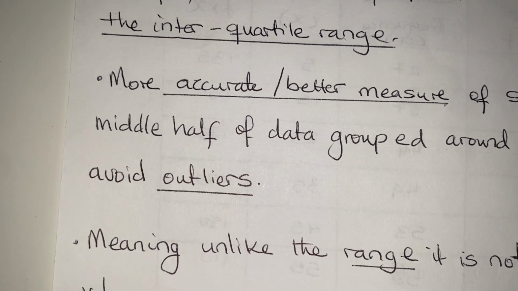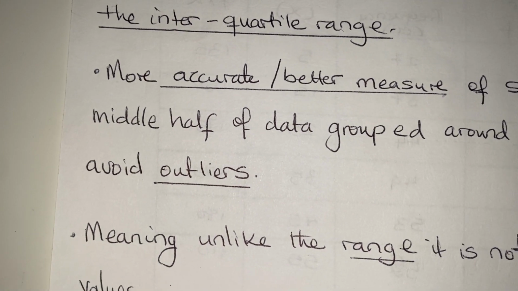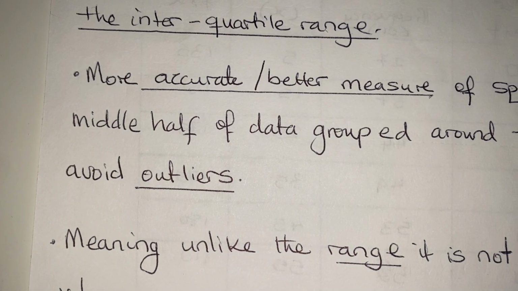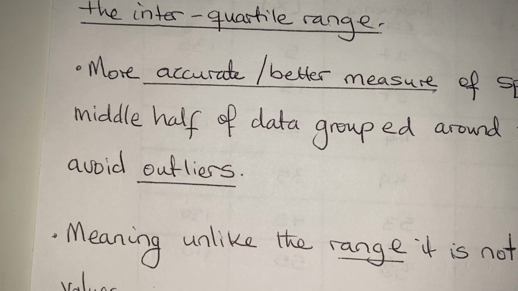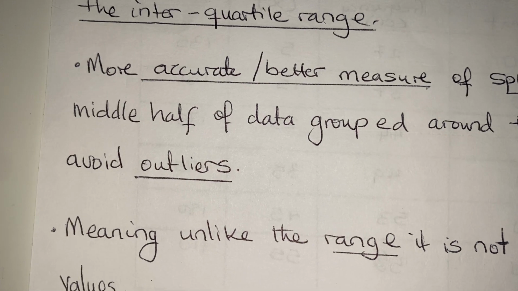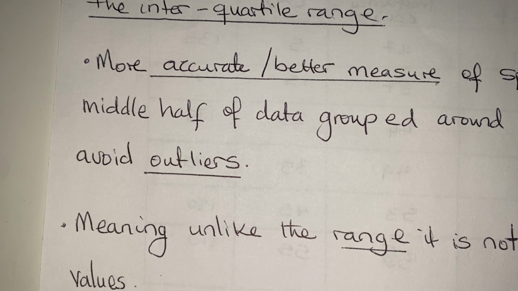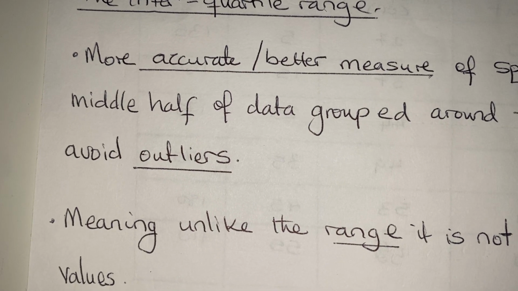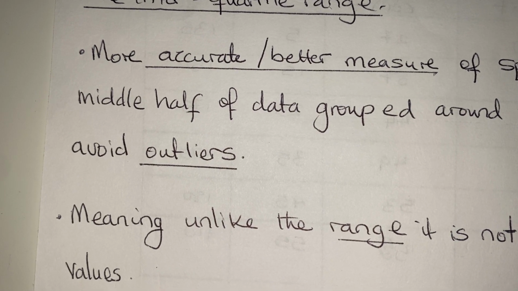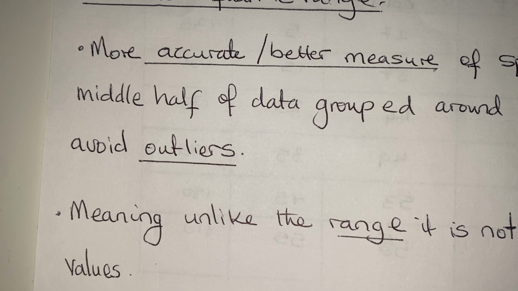We did a thing about a shop where maybe one day they sold like 120 thousand, another day they sold like 130,000. Those two are outliers, so you are going to get a wider range.